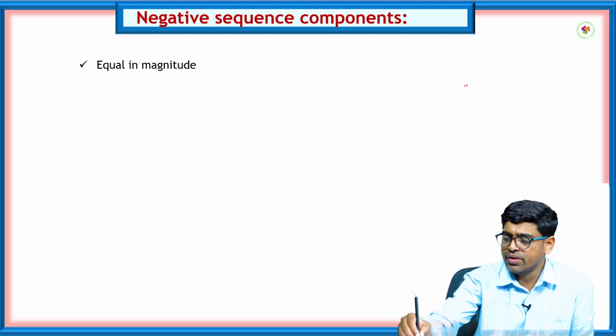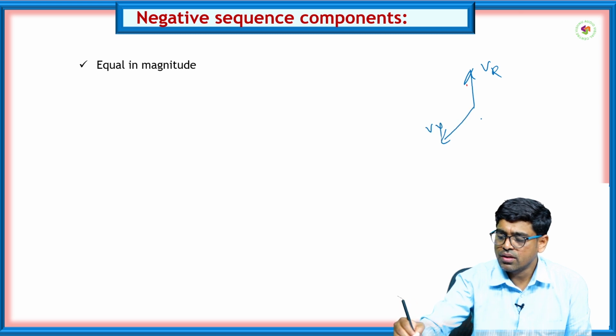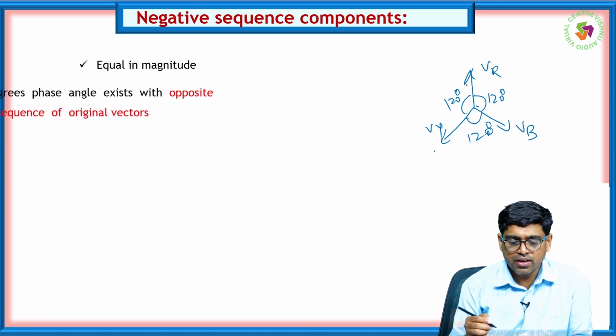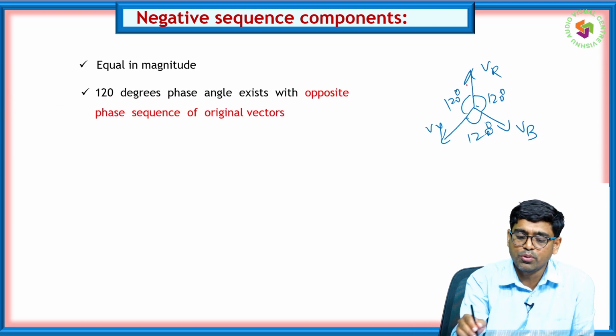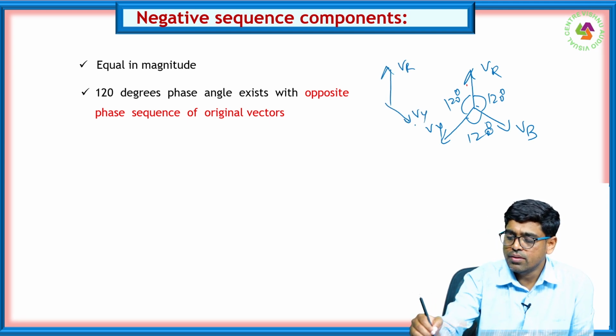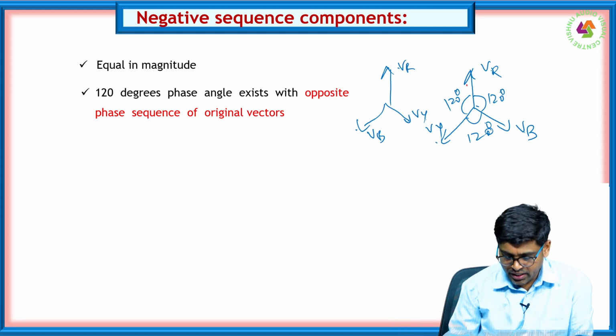It is similar to what we are saying: the negative sequence component has VR, the R phase, Y phase and B phase, with 120 degrees displacement between all of them, equal in magnitude, but with the opposite phase sequence of the original. The original is R, Y, B. Now we are saying R, B, Y. So the opposite phase sequence will be there in the case of a negative sequence component.